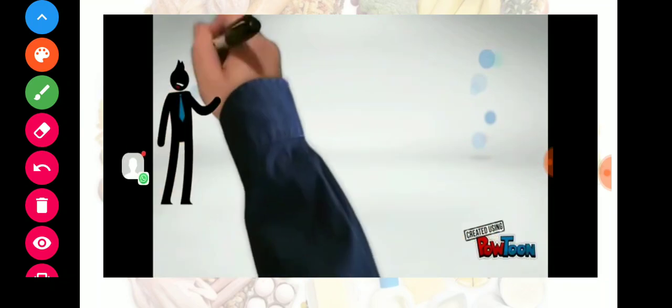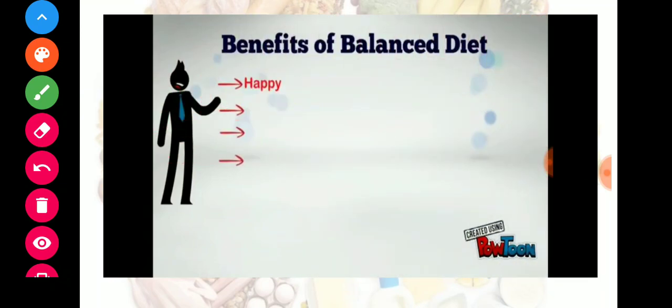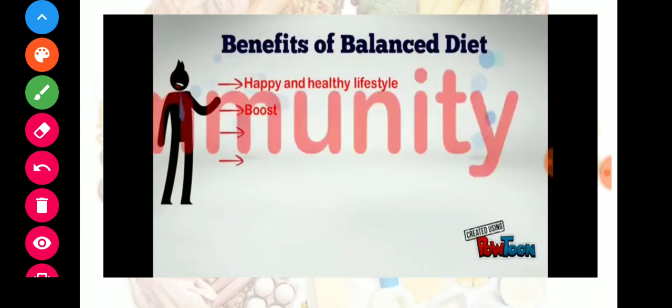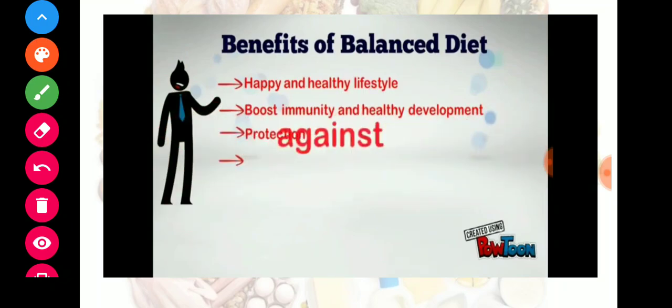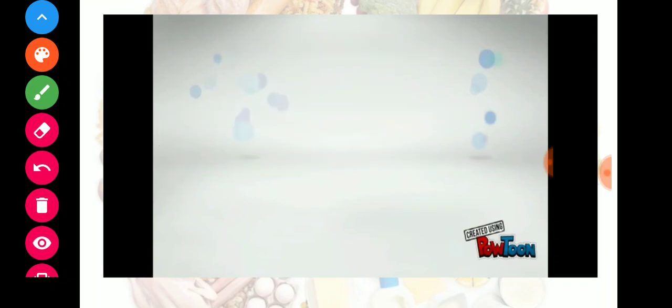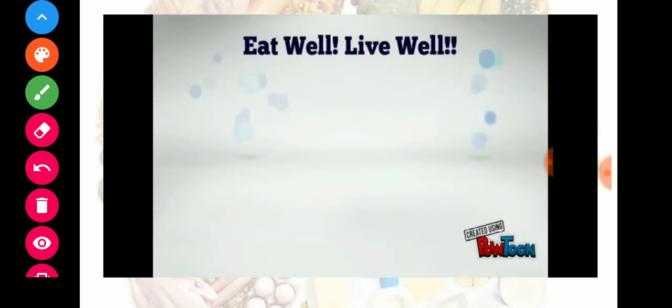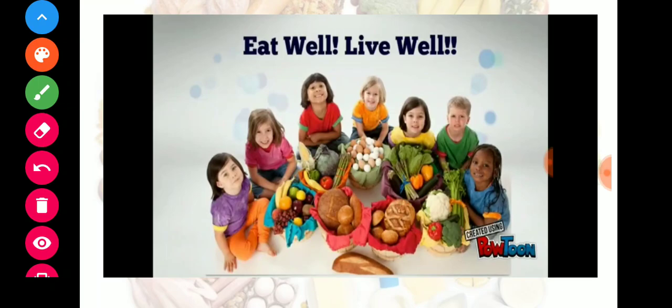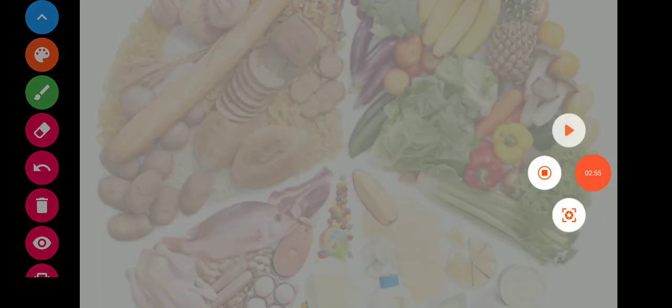And water is also an essential ingredient of our balanced diet. It gives us a happy and healthy life, boosts immunity, protects from diseases, and contributes to adequate body weight. So we should eat well and live healthy.